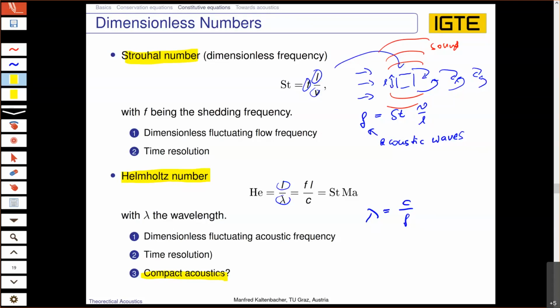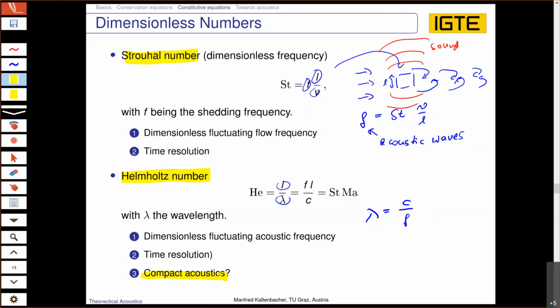Okay, so we see these are the four important dimensionless numbers, where, as we have seen here, three give relations between the acoustic part within a compressible flow and the classical vorticity part in a flow.